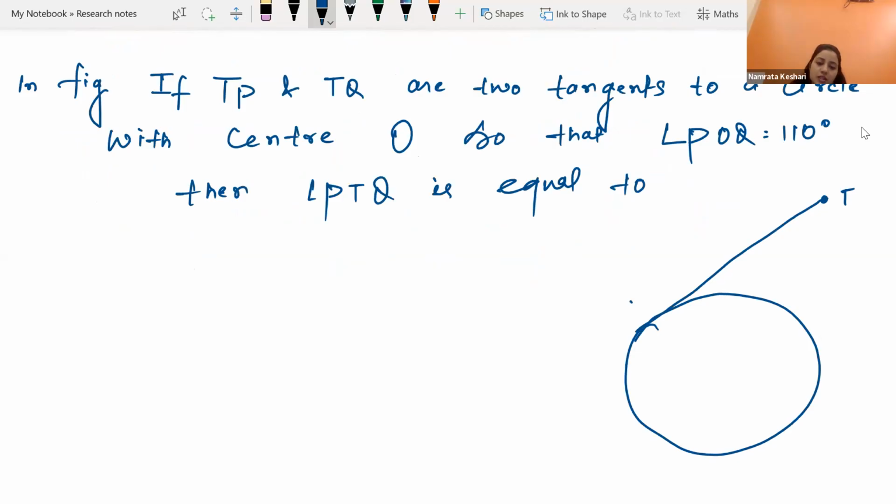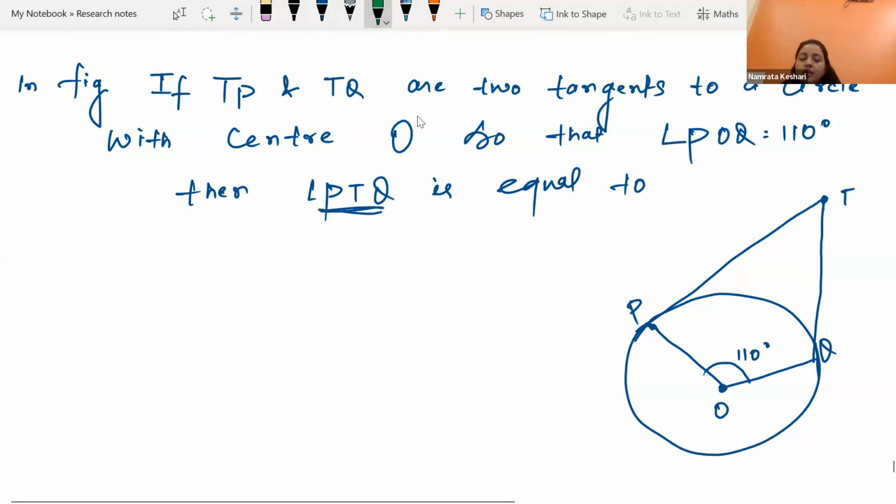One tangent looks like this, TP, and another tangent looks like this, TQ. The angle at O is given as 110 degrees. And clearly written in the question, we are supposed to find angle PTQ. That means we have to find this angle.